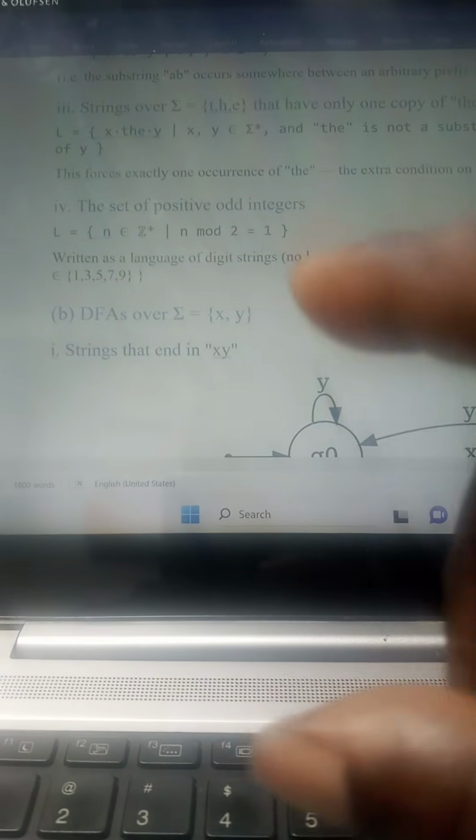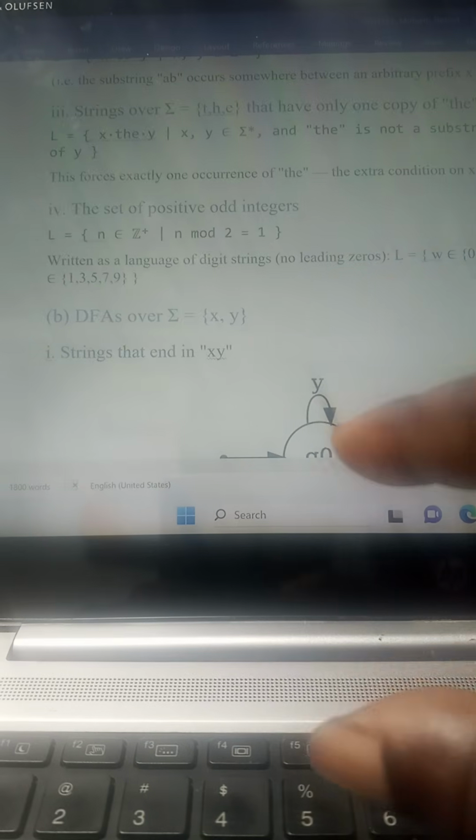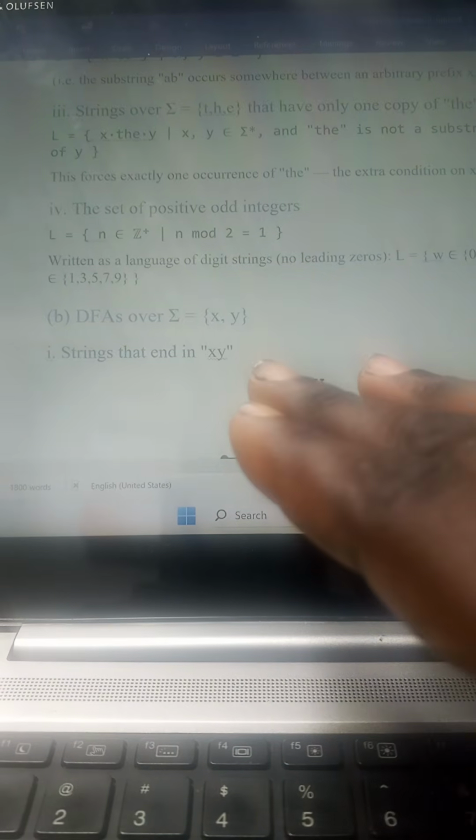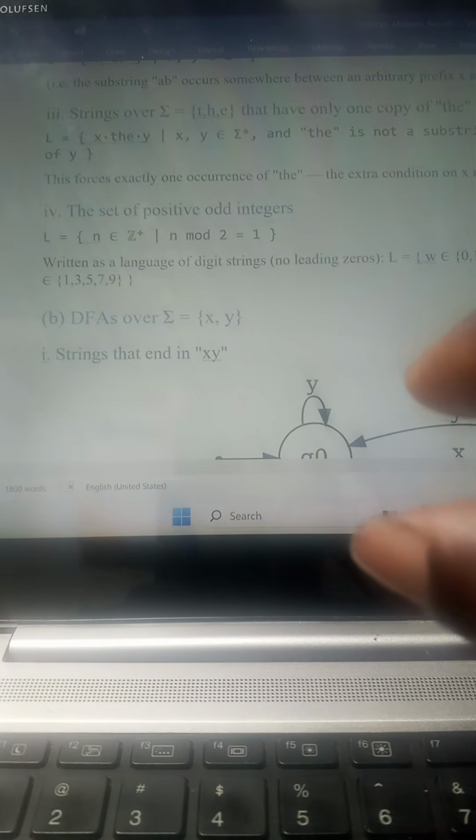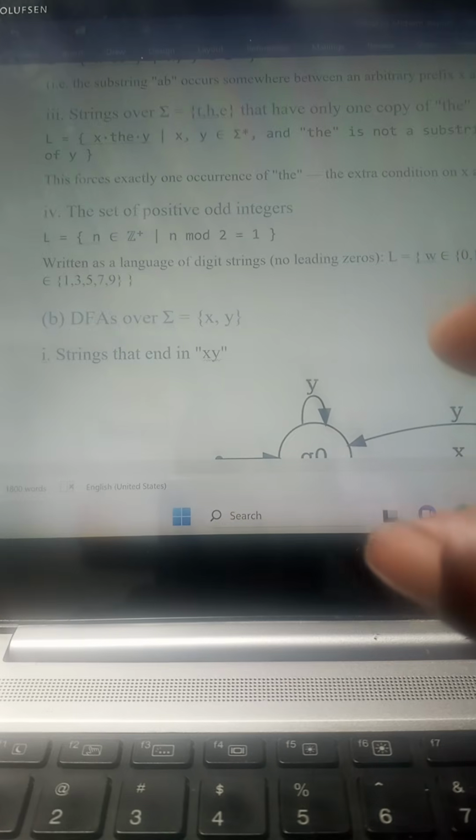With IV, the set of positive odd integers, we are going to look for the language of the set of positive odd integers, where n is a member of the integers, the positive ones.